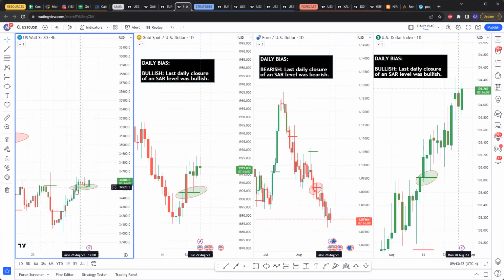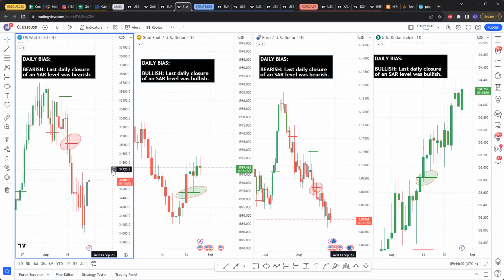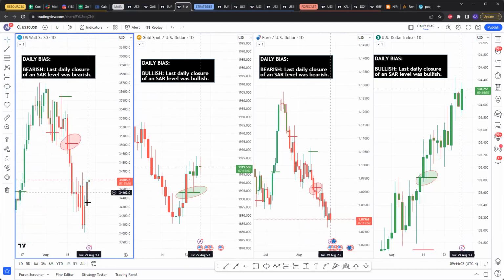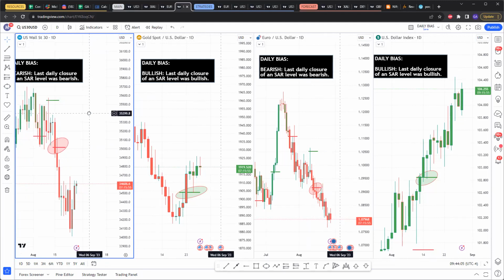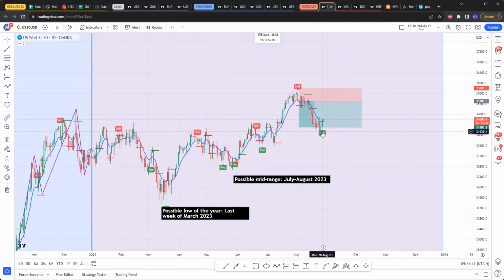If this will still be the current one, then it will be confirmation for early buys, and US 30 should keep pumping till the end of the year. It might not be a continuous pump, but it should be a slow and steady pump, and then it will go back up and create the yearly high. That's just something I noticed when I saw this buy fire right here on the daily time frame.